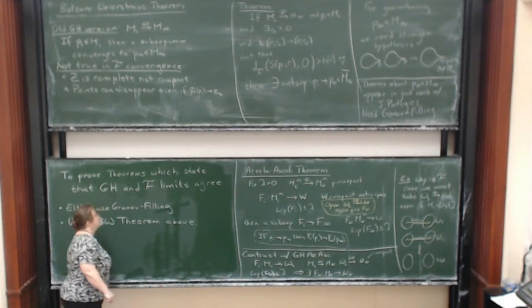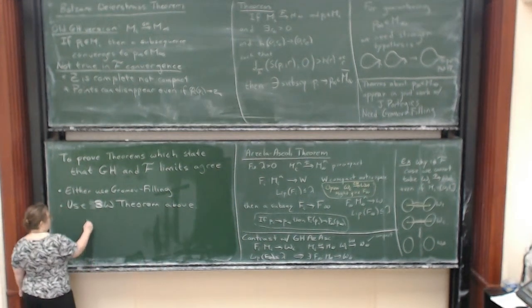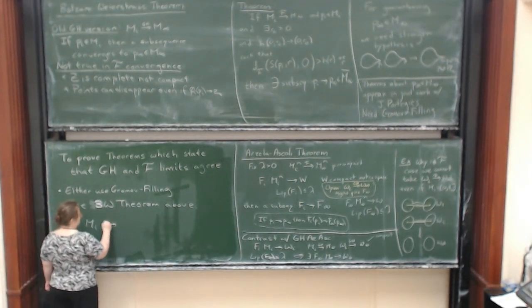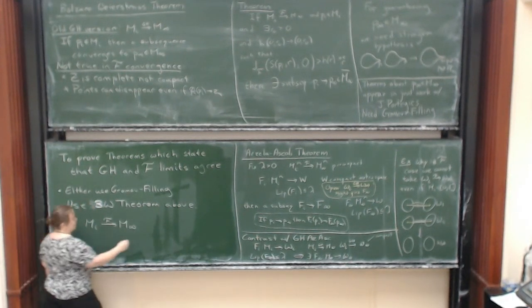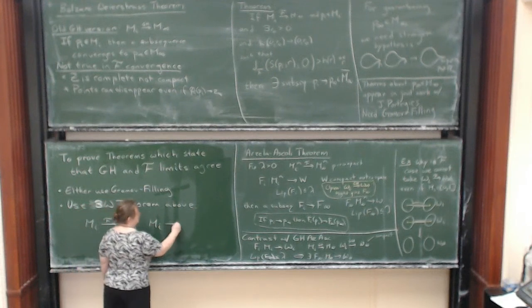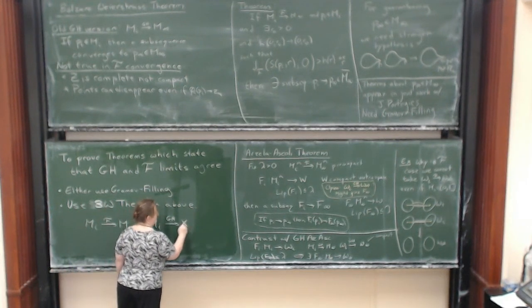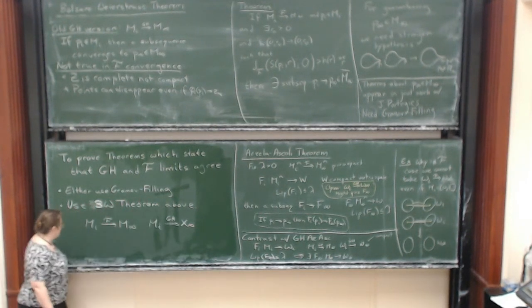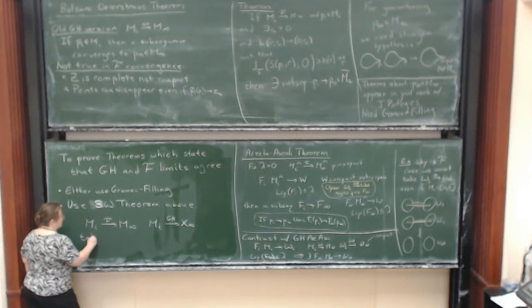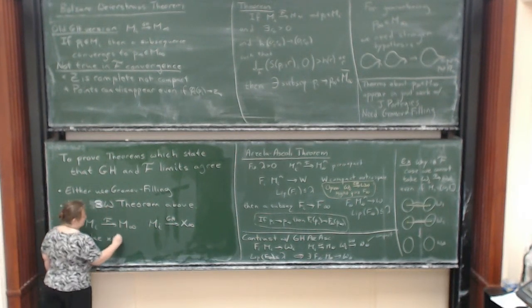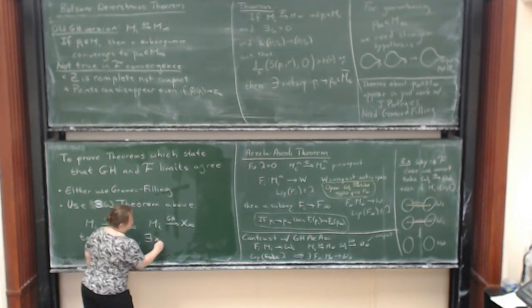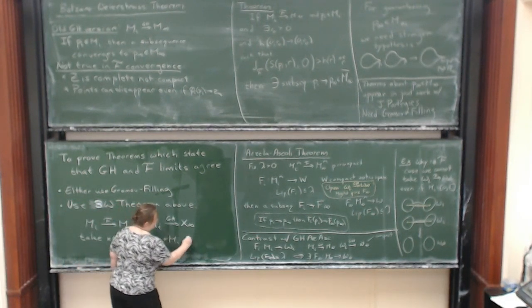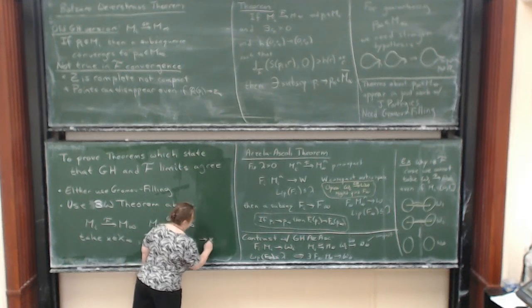And what you do is you have your Mi flat converging to some M infinity, and now you take its Gromov-Hausdorff converging to some X infinity. And then you take any point X in X infinity, then we know there exist Xi's in the Mi's. The Xi's go to X infinity.